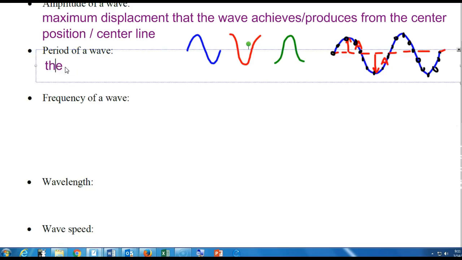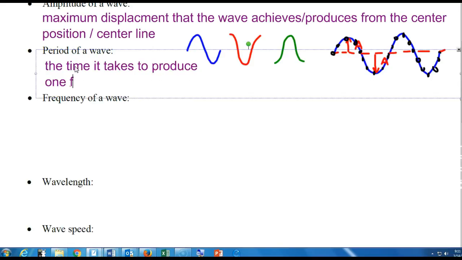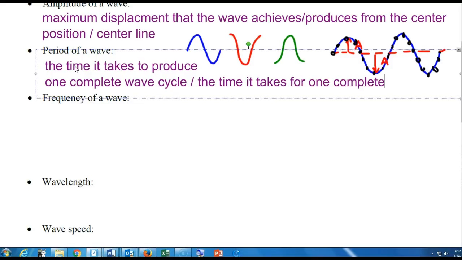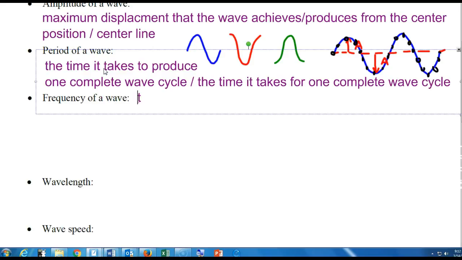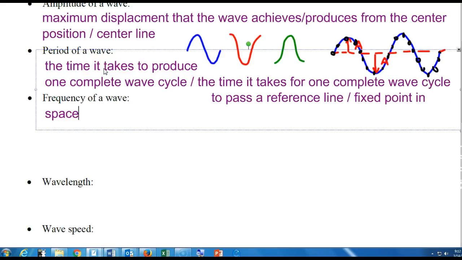So we can define period as the time it takes to produce one complete wave cycle, or the time it takes for one complete wave cycle to pass a reference line or fixed point in space.